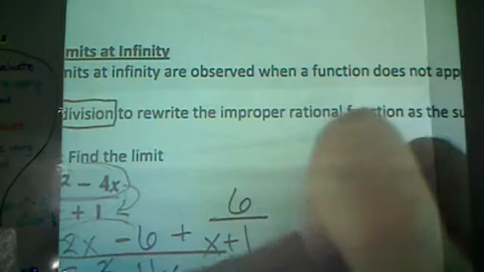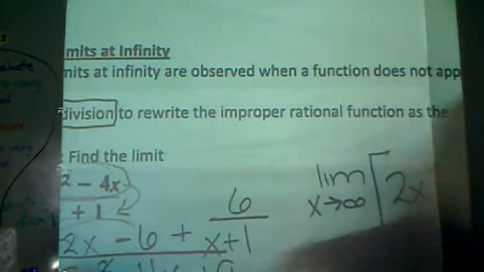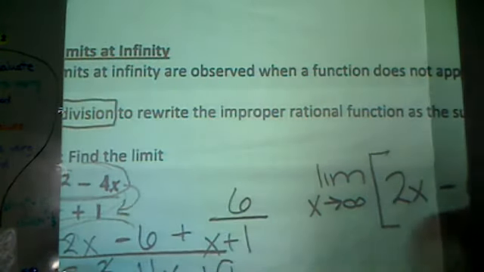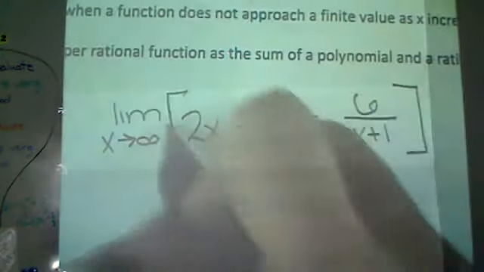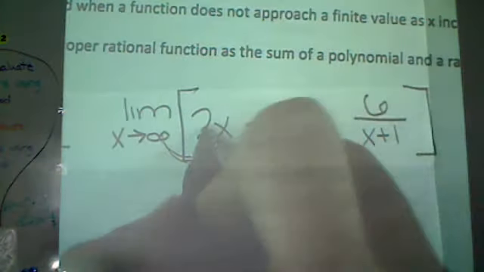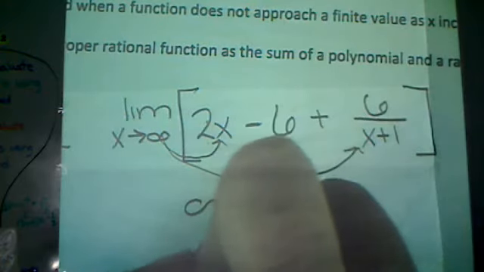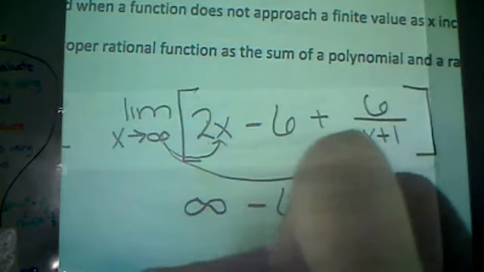The reason we did this is so we could rewrite this entire equation as the limit as x approaches infinity of 2x minus 6 plus 6 over x plus 1. If we were to plug our infinity in, this would be 2 times a really, really big number, giving us just infinity, minus 6.